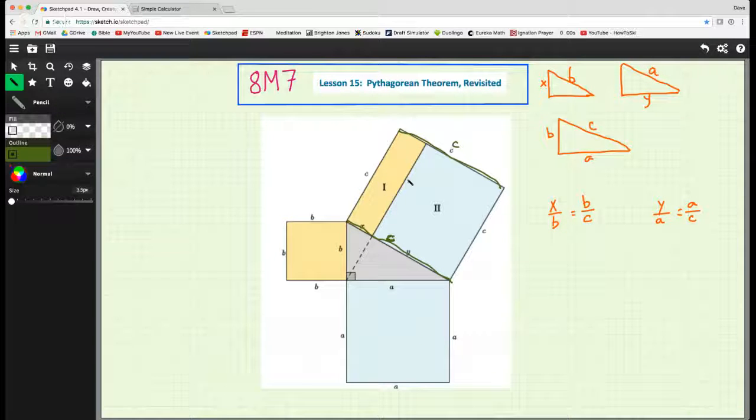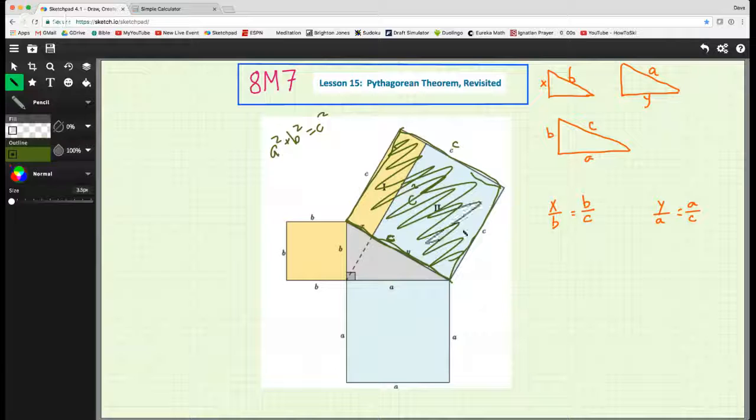And the idea is, if a squared plus b squared equals c squared, then this square is going to be a square built off of the side of the hypotenuse. And so the area of this whole thing here is c squared. And if we build a square off of this side, this whole area is a squared.